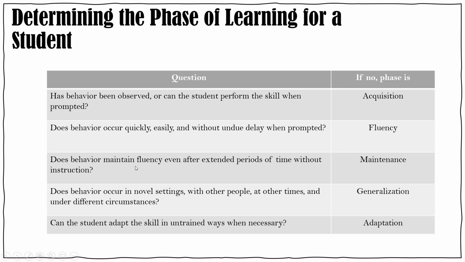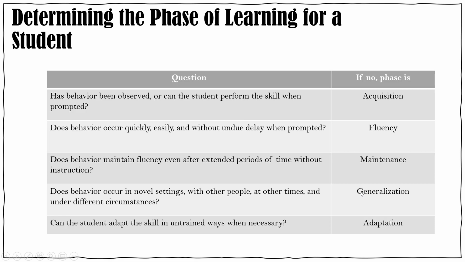Does the behavior maintain fluency even after extended periods of time without any instruction? If your answer is no, then they might have learned the skill and been fluent with it at one time, but it didn't maintain. If you answer yes, then they pass the maintenance phase. So then you want to ask, does the behavior occur in novel settings with other people at other times and under different circumstances?